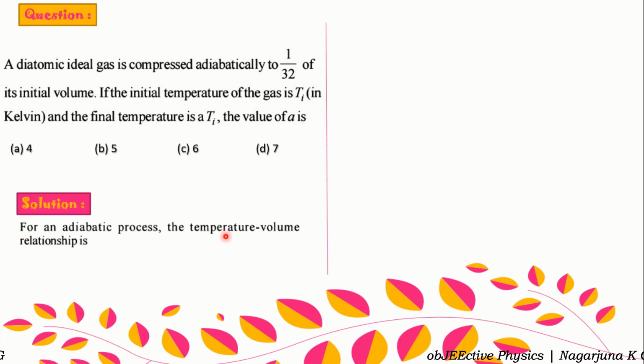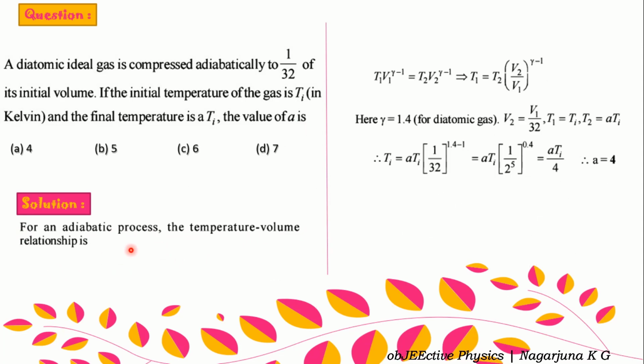For an adiabatic process, the temperature volume relationship is T V to the power gamma minus 1 is equal to constant, or T1 V1 to the power gamma minus 1 is equal to T2 V2 to the power gamma minus 1. That implies T1 is equal to T2 into V2 by V1 whole power gamma minus 1. Here gamma is equal to 1.4 for diatomic gas, and V2 is equal to V1 by 32, T1 is equal to Ti, T2 is equal to A Ti.